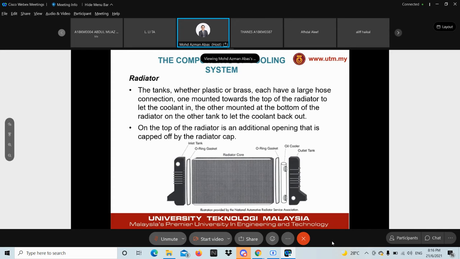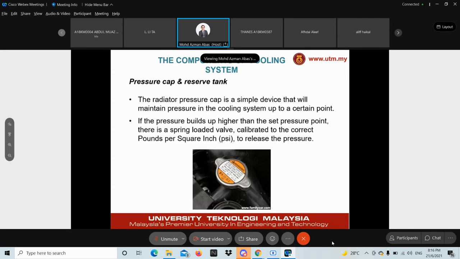If you look at any modern engine nowadays, you can notice that the radiator cap is positioned at the highest point of the engine.